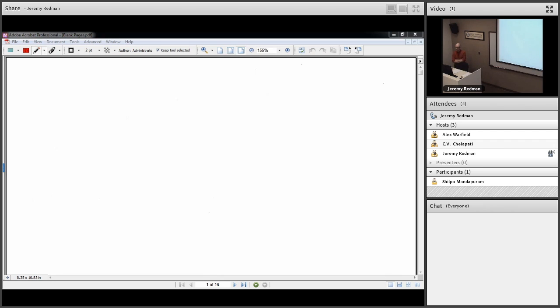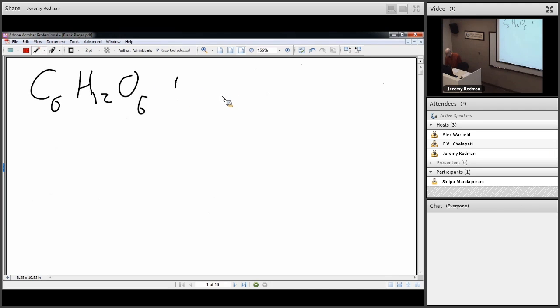So to begin with environmental, we have to begin with some chemistry. So let's look at a simple, straightforward problem. Let's say that we have glucose, and we're going to oxidize it.